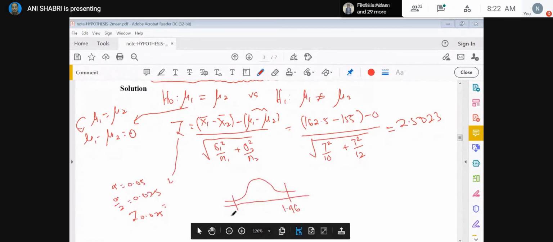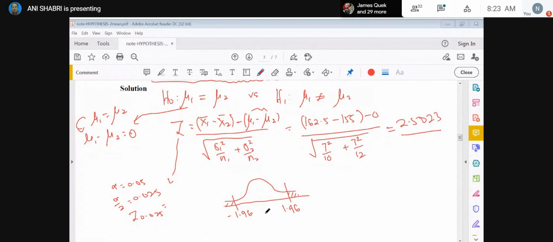Okay, reject or accept? We calculate from the data 2.5, the borders are 1.96, negative and positive. Reject or accept the hypothesis?